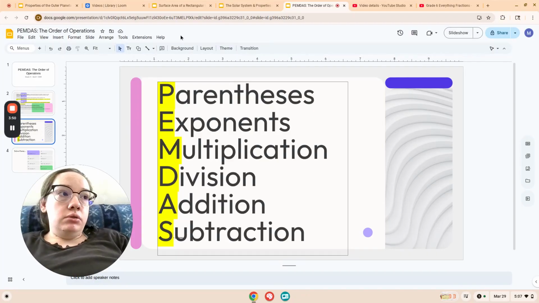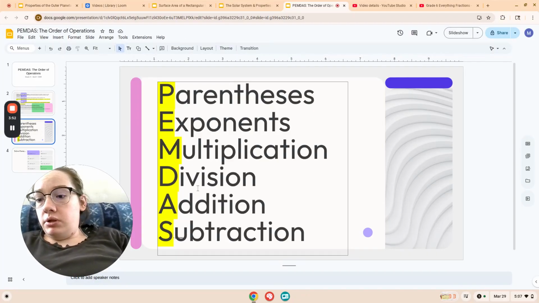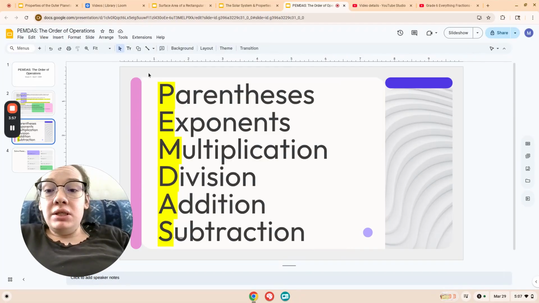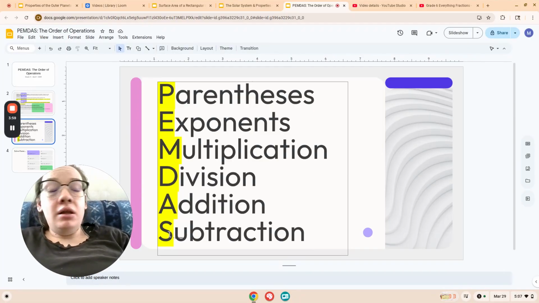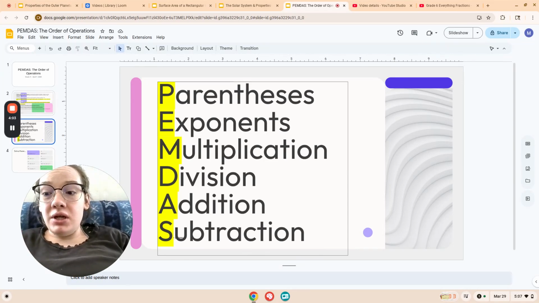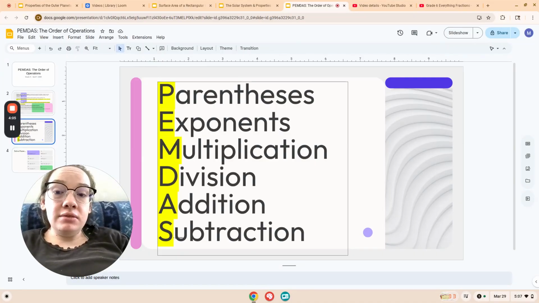A lot of people, if you grew up in the 90s, I'm assuming if you grew up in the 80s, there was this acronym that said, "Please excuse my dear Aunt Sally." I never even cared to use it because, frankly, I don't find it that fascinating. I find it drab. I think of PEMDAS and I remember it right away: parentheses, exponents, multiplication, division, addition, subtraction.